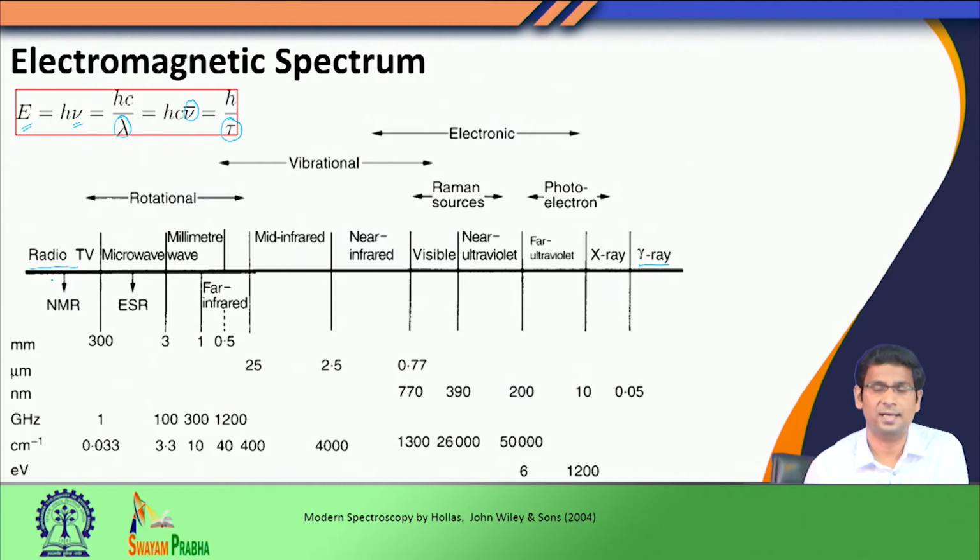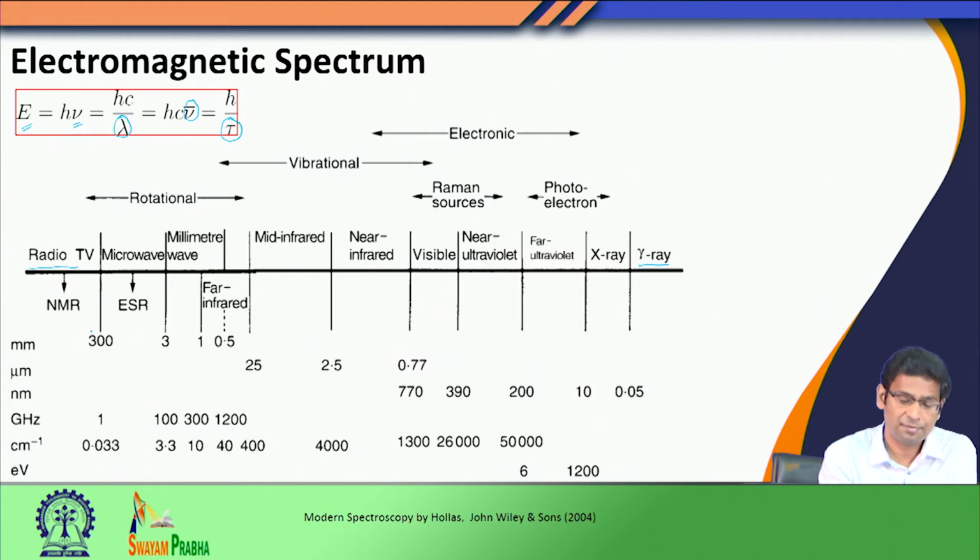Using this low energy radiation, we can of course do transitions from one stationary state to another, but in that case our stationary states should be very closely spaced, or the energy difference between these states must be very small, such that low energy radiations like radio waves or TV waves can do these transitions.